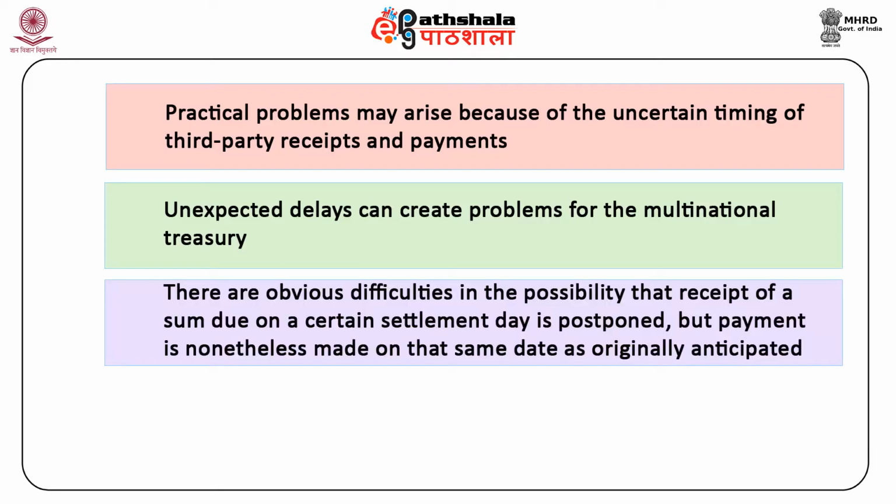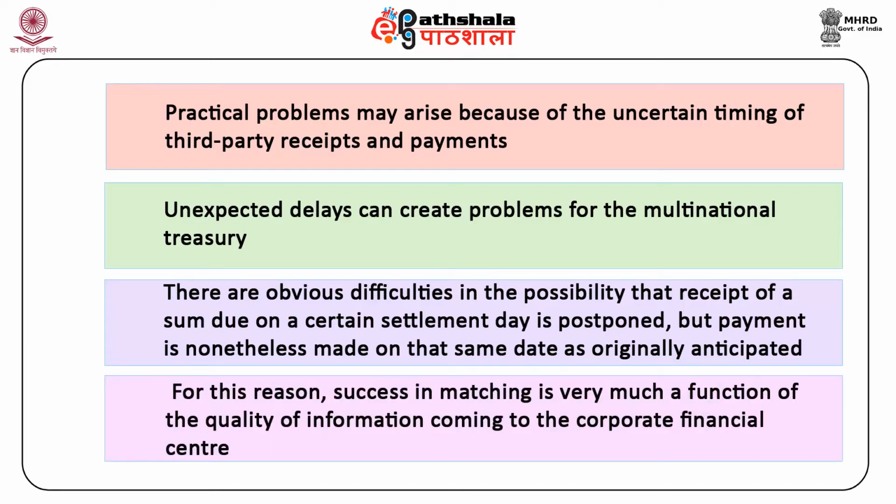There are obvious difficulties in the possibility that receipt of a sum due on a certain settlement day is postponed, but payment is nonetheless made on that same date as originally anticipated.